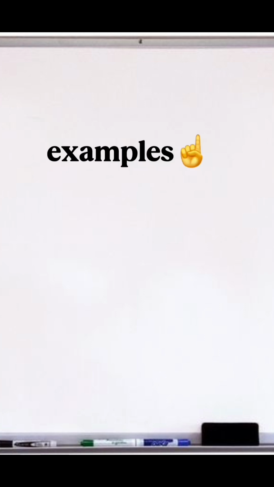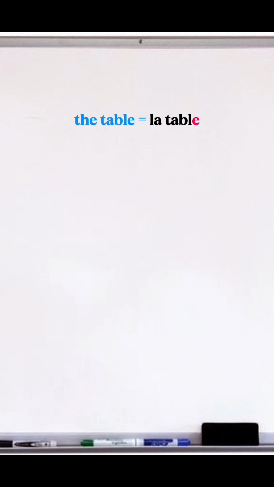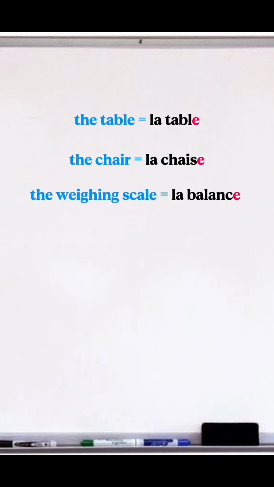So for example, if I say the table is la table, the chair is la chaise, the weighing scale is la balance, the leg is la jambe. You see, they all end with E and they are all feminine nouns.